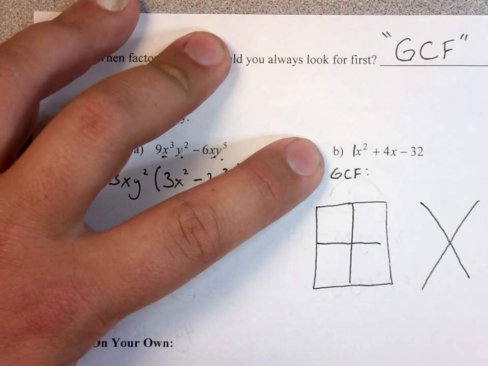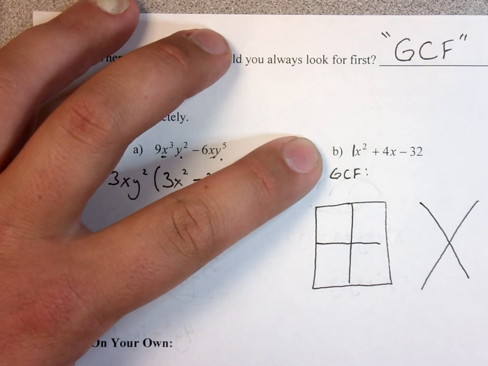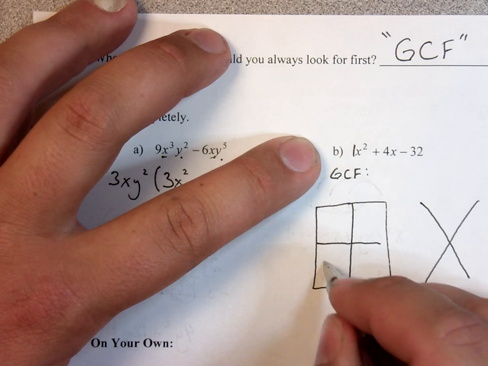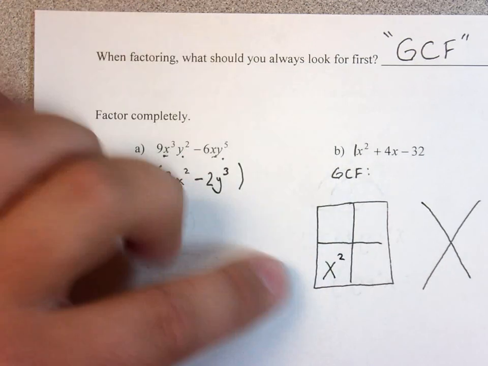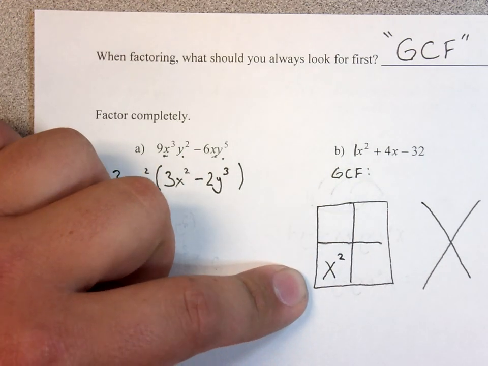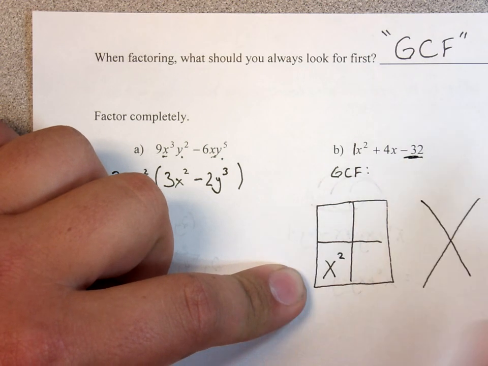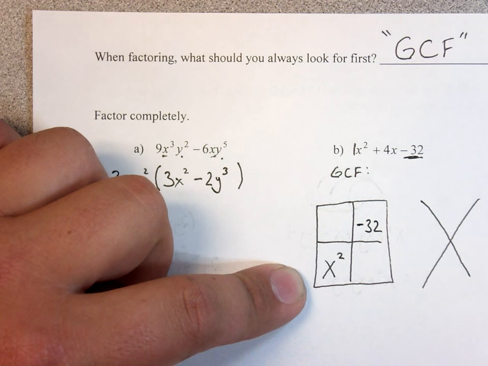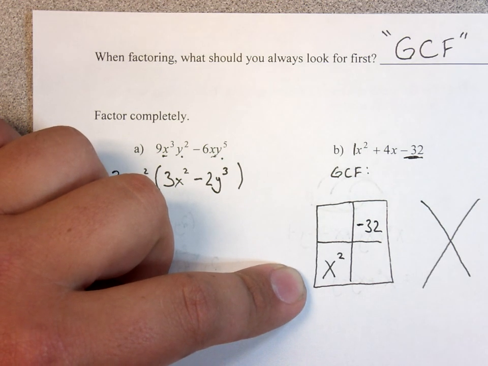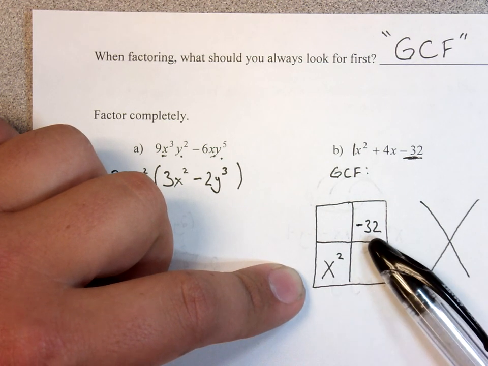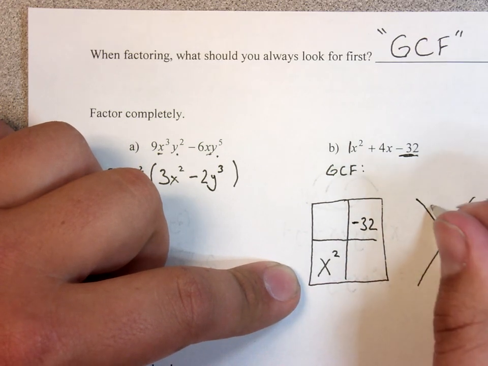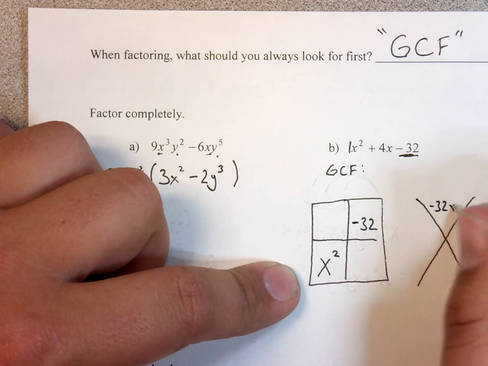And looking at my x squared plus 4x minus 32, my a term, the x squared term, I'm going to put in the bottom left corner. My c term, I'm going to put in the top right corner, minus 32. I'm going to multiply these together to give me the top of my diamond, which would be negative 32x squared.